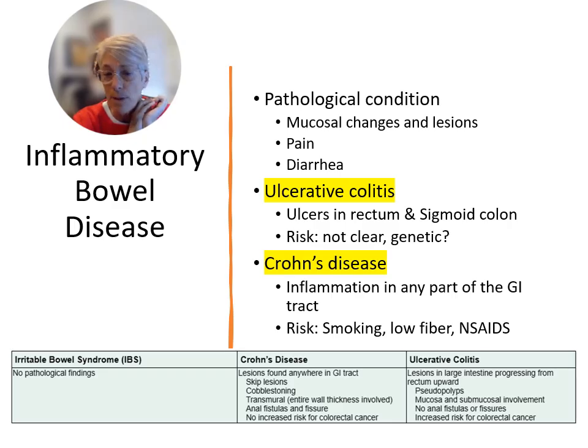Crohn's, inflammation anywhere along the GI tract, definitely higher risk for folks that smoke and have poor diet, basically, and for folks that take NSAIDs. So down bottom, nice chart, just differentiating these two. So just need to speak to this just a little bit, nothing major, all right?